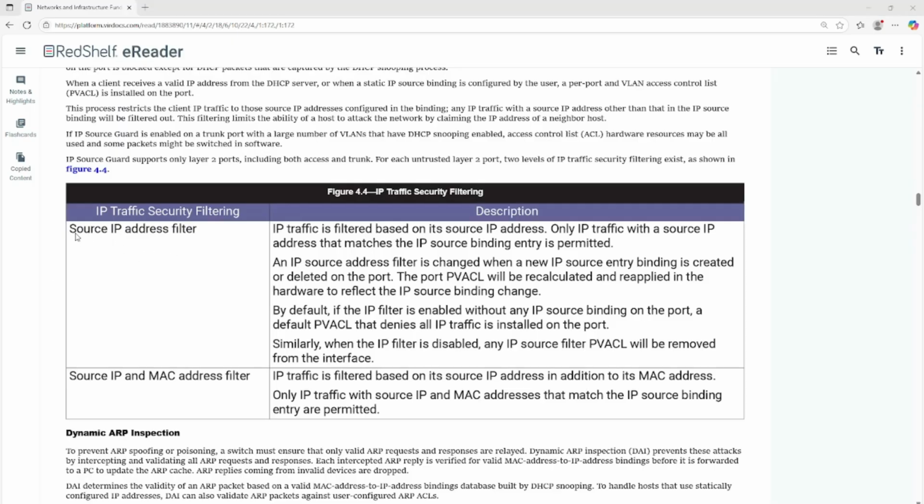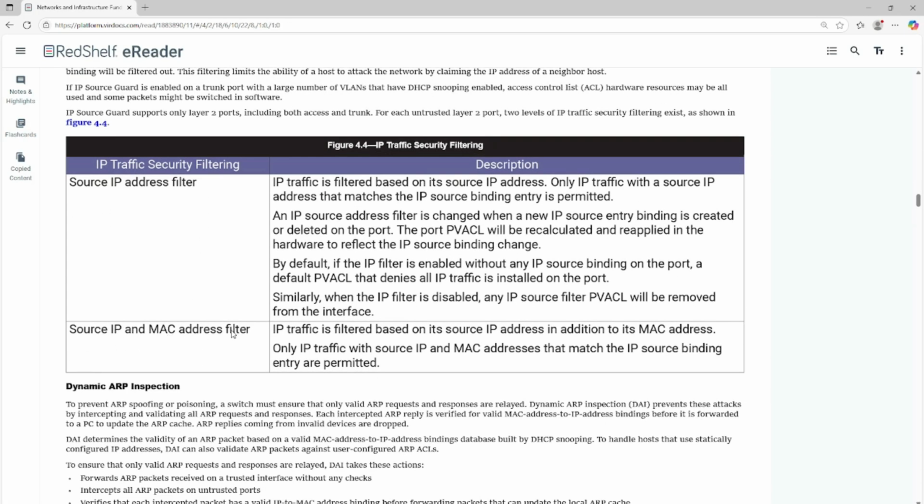In the previous chapters, we talked about what packets look like, headers and all that stuff. When it comes to traffic security filtering, those are the things they're looking at in the frame, those headers, the source IP address filter, the source IP and MAC address filters. You can read that for better understanding.